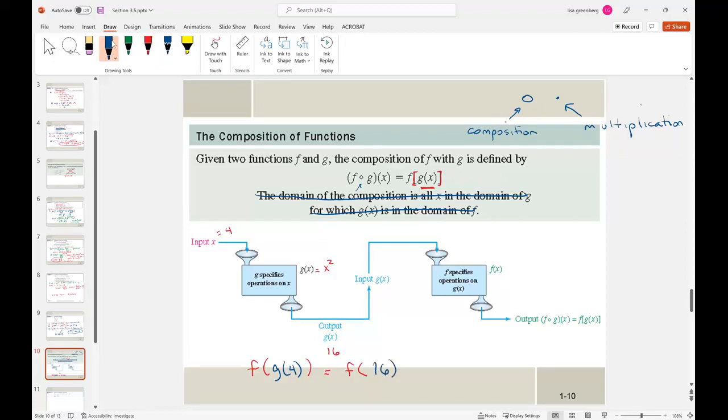Because I'm plugging in this 4 into my x squared. So then I now want to know what f of 16 is. That's why my output right here, which is g of x, is my input into this new function we call f of x, right? And let's say f of x is equal to, what do we want to say that's equal to?